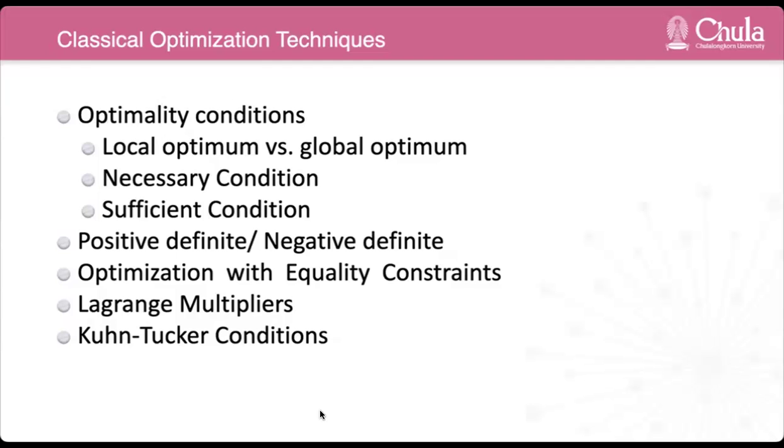The classical way to handle equality constraint is the Lagrange multiplier. Later you will learn the Lagrange method. Later means today. And the next one is the Kuhn-Tucker conditions, which handle inequality constraints. This one is equality constraint, but this one is inequality constraint.